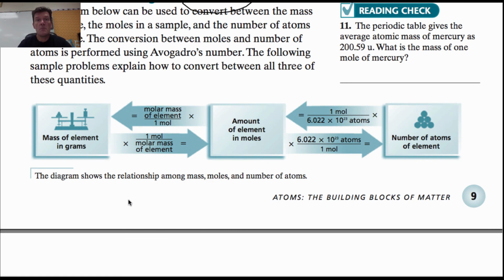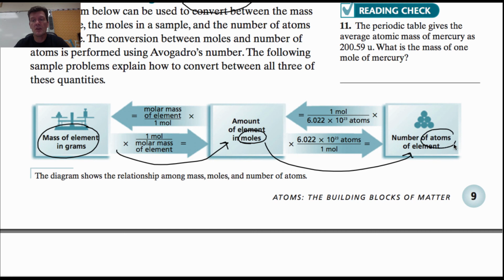If you are given the mass of a substance, okay, it's in a container, it's on your scale, it's whatever, you mass it and you figure out how much the mass is in grams. What you need to do is we want to convert that then to a number of moles, and then from there we can convert to the number of particles. In order to go from mass to number of particles, you have to go through moles. How do we do that?